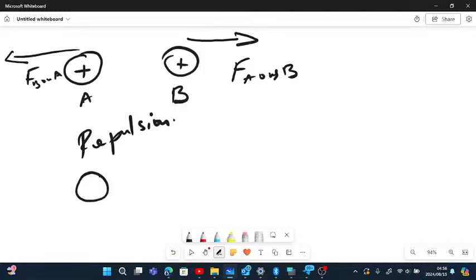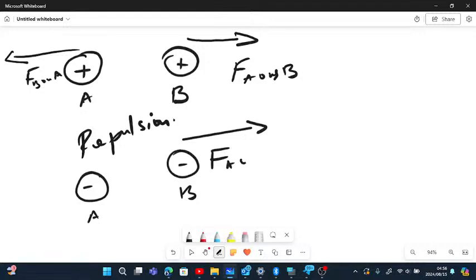Let's assume that A is negative and B is also negative. We are going to have a force of A on B moving away from A, and also a force of B on A moving in its opposite direction.